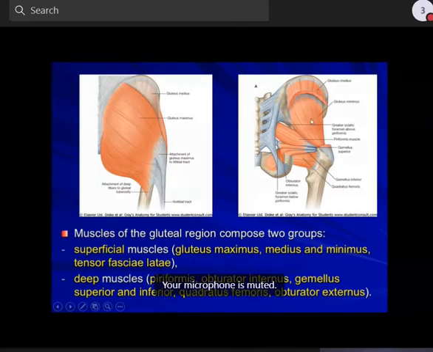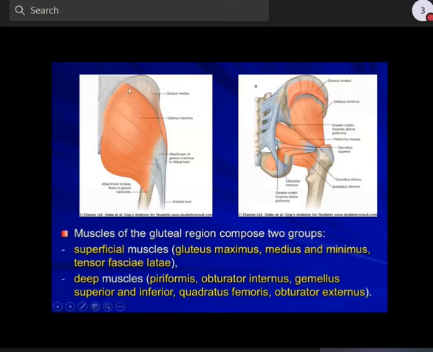And the weakest of the 3 gluteal muscles is the gluteus minimus. So minimus is deepest in position, and the gluteus maximus is strongest, widest, and thickest.